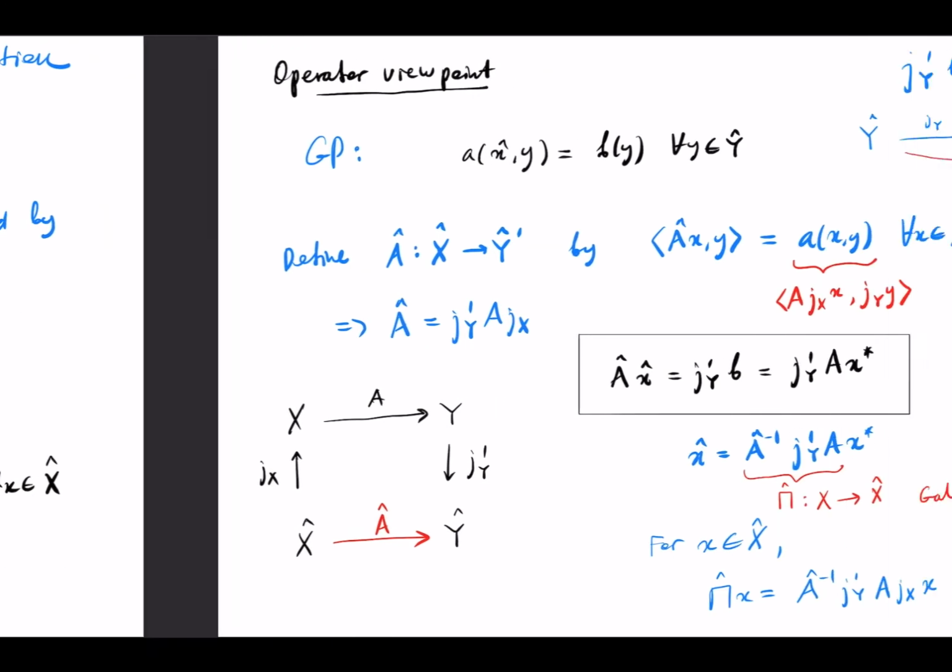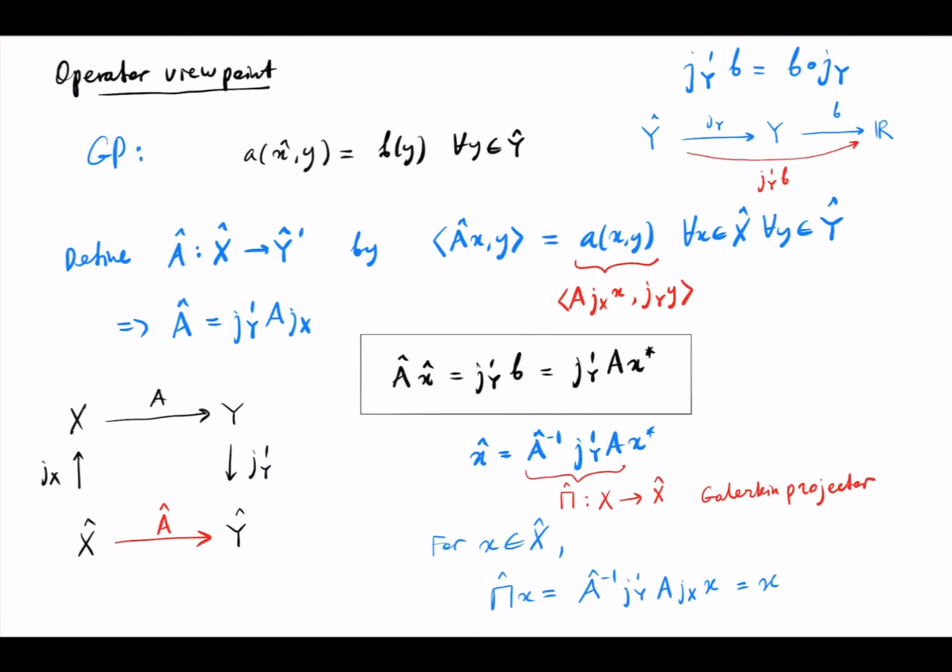Now we can look at the error estimate in terms of this operator a hat. So let's recall our Galerkin problem. So here it is, and a hat that we just defined. Now we can write this here, where x is restricted to x hat and y is restricted to y hat, by using the canonical injection operators.